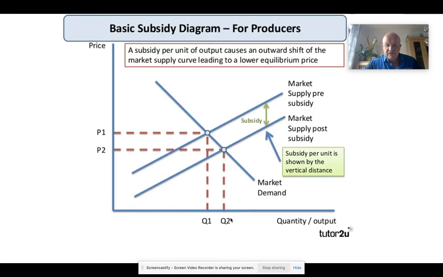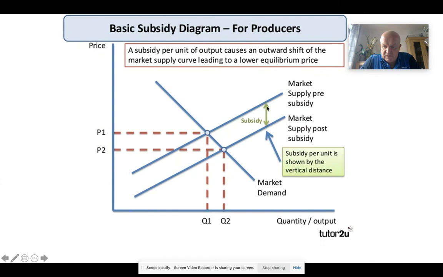Okay, so basic subsidies then. Let's just take a look at this for a producer. A subsidy, as it describes here, per unit causes an outward shift of the market supply curve, leading to a lower equilibrium price. So we can see our original market supply curve was at this level here.